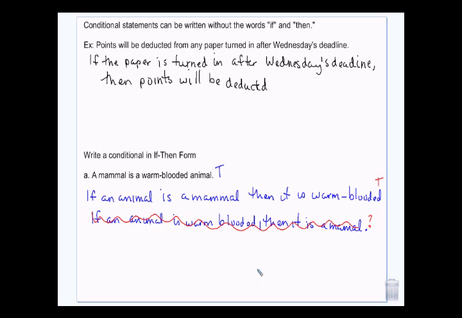If you don't know which one is the condition for the other, write them out and then think about, is this always true? This is for sure always true. Is this one always true? Not necessarily, because there are other warm-blooded animals other than mammals. There are some warm-blooded fish. There are warm-blooded birds.